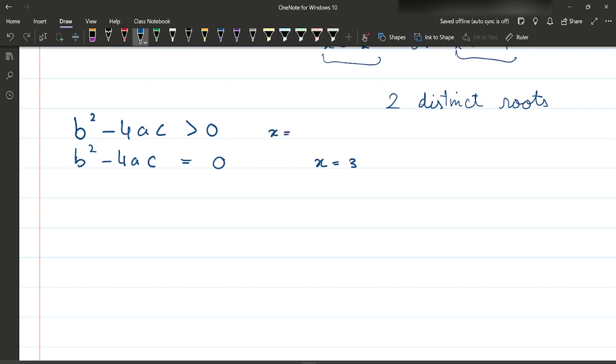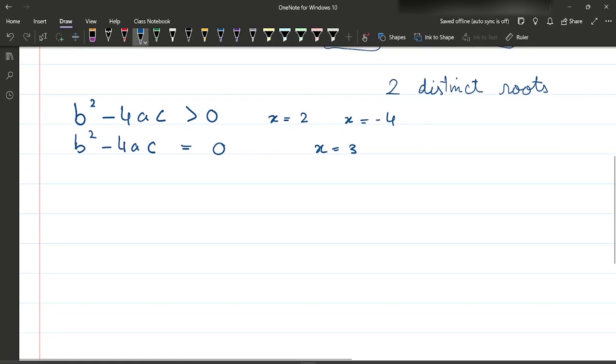Here you could have x equals 2 or x equals minus 4, like we just got. And if b squared minus 4ac is less than 0, it has no real roots. So that means the roots are imaginary. Okay, but why is this important?